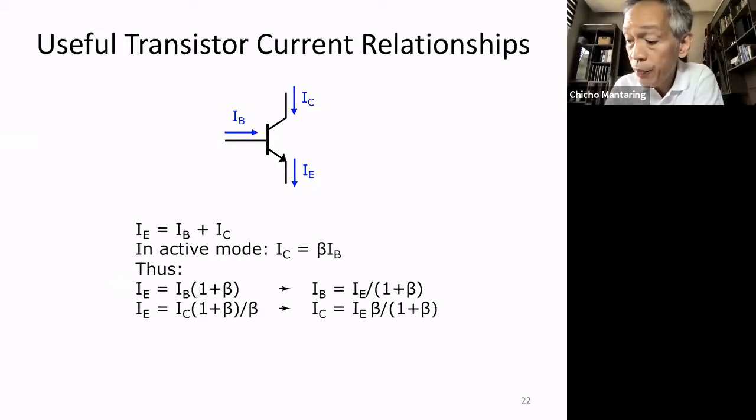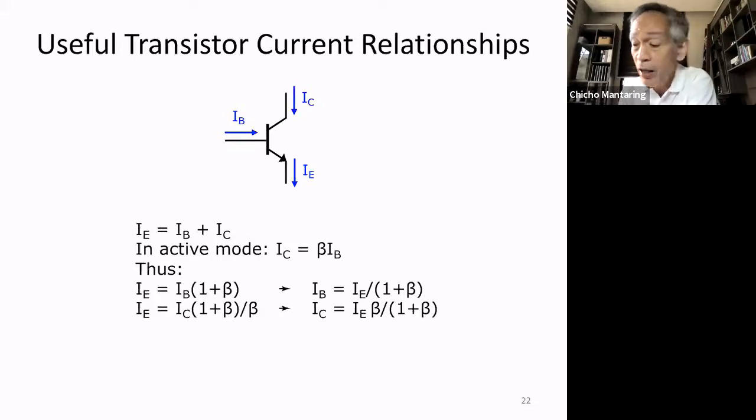So this is the application of Kirchhoff's current law to the transistor. IE, the current leaving, is equal to IB plus IC. Both of these are entering. If we assume that the transistor is in active mode, then IC is equal to beta IB. Remember that that is only true in active mode.